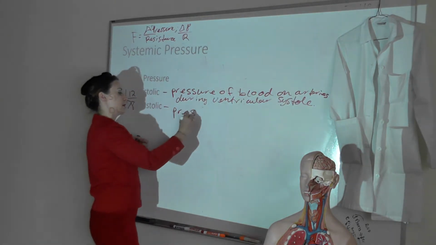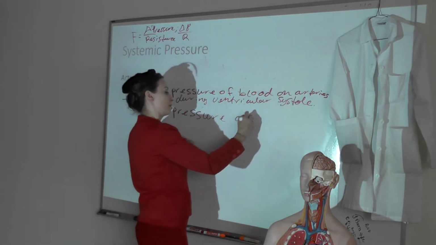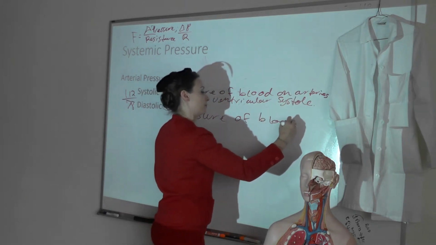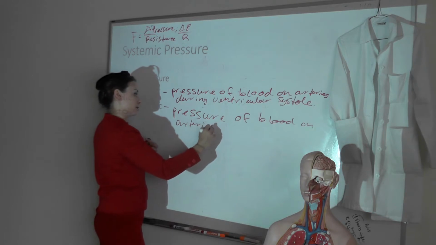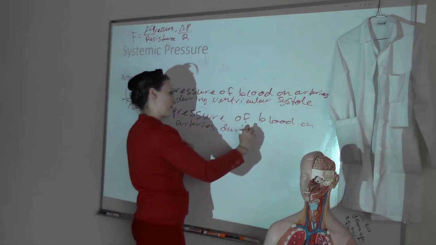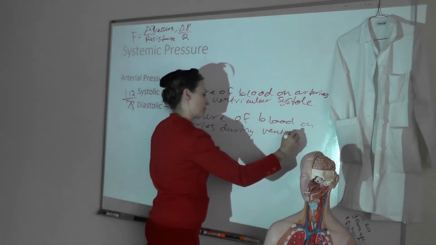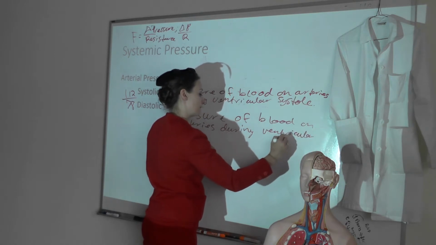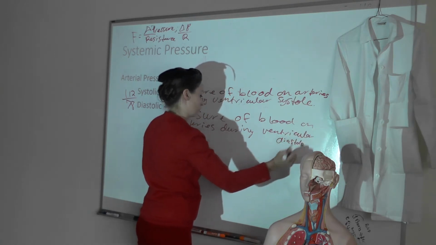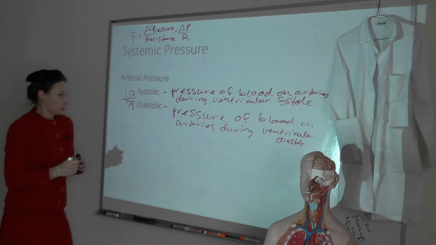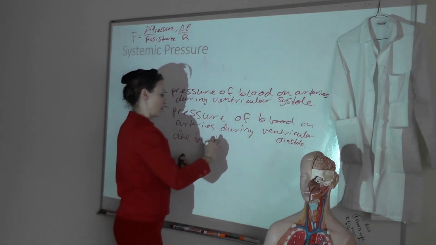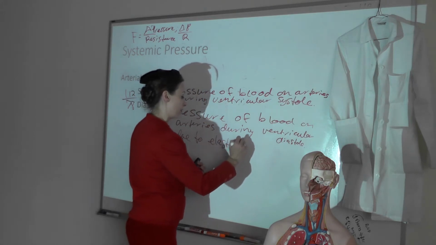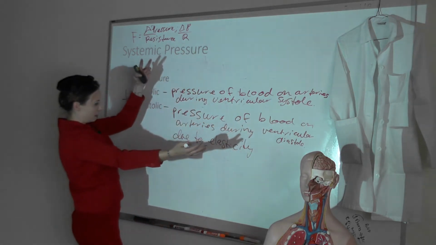So diastolic pressure of blood on arteries during ventricular diastole. And this is due to the elasticity in our arteries, which is the bounce back, right? Stretch and recoil.